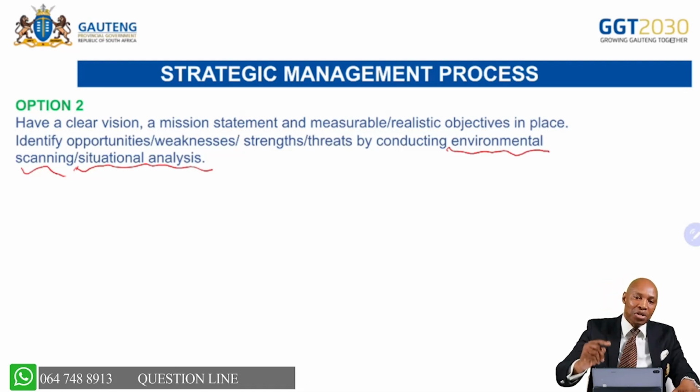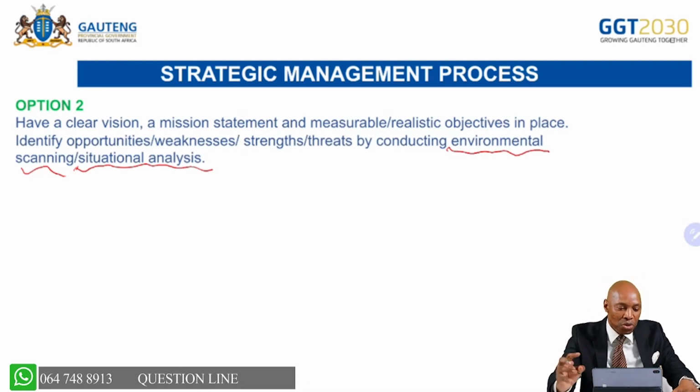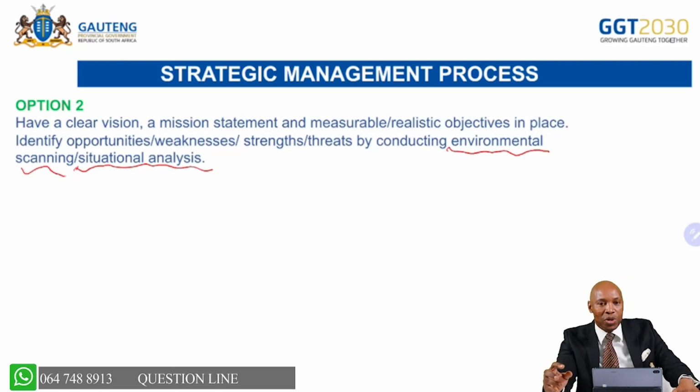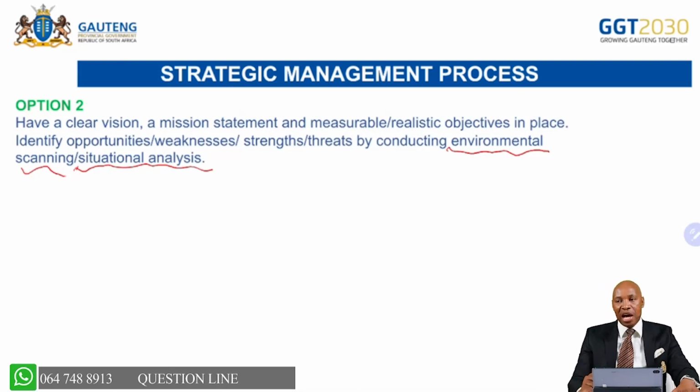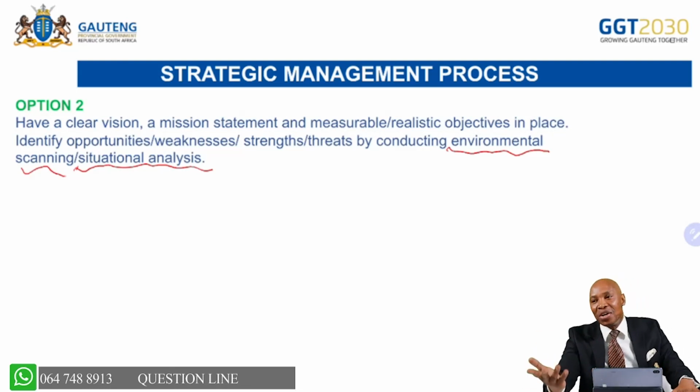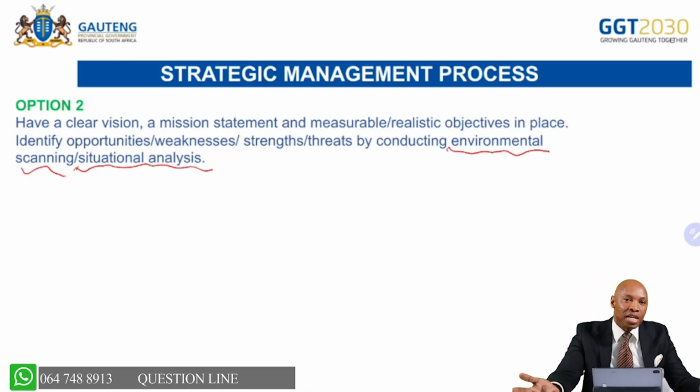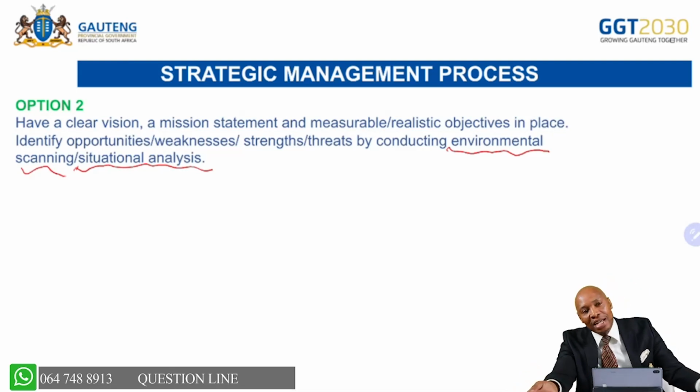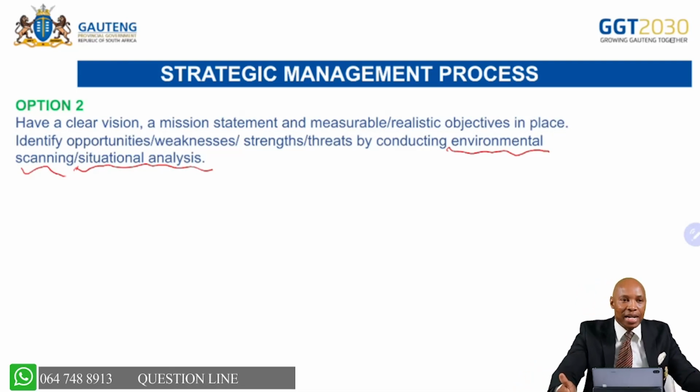Now, what are you going to use when you do your environmental scanning, when you do your situational analysis? That's where now we bring in the 3 business industrial analysis tools, which are your what? Your Porter's 5 forces, your PESTLE analysis, and your SWOT analysis.